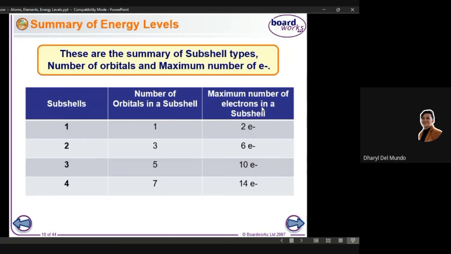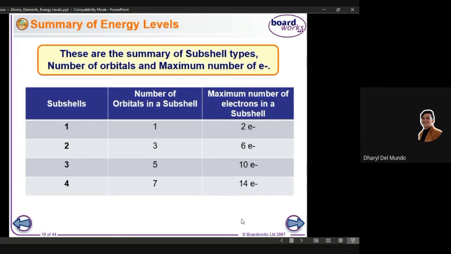With a maximum of 2 electrons in the first orbital, of course, and 6 maximum electrons for the 3 orbitals, and 10 electrons, the maximum, of course, in the 5 orbitals, and 14 electrons, which is the maximum for 7 orbitals. Am I clear? Is that clear, class? So if that's the case, we can imagine here that in each orbital, there is a maximum of 2 electrons.